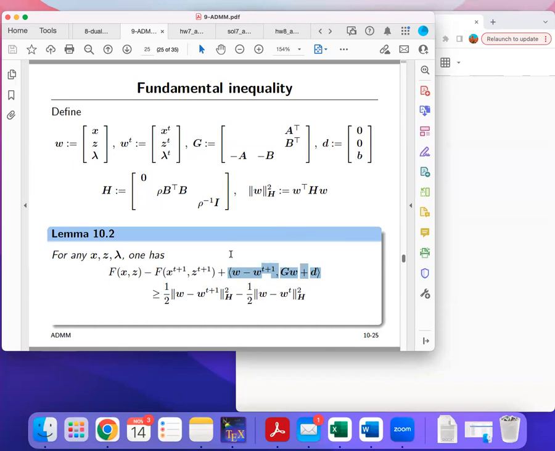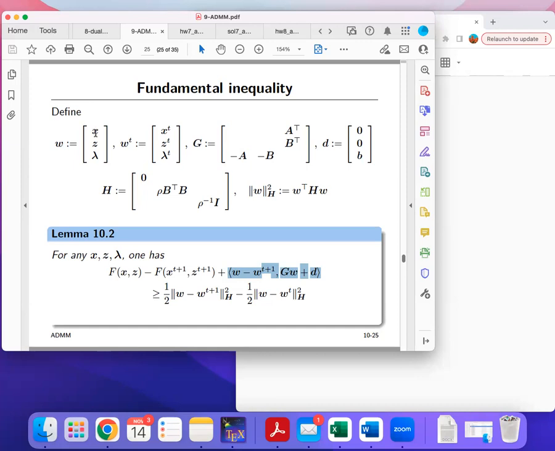Because this matrix G involves A and B, and A and B are the matrices involved in the constraint. So G times omega is related to that linear constraint.